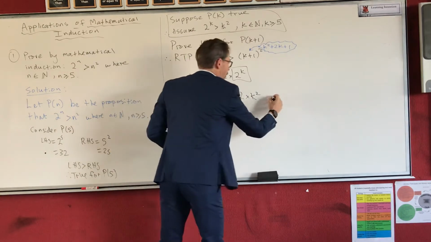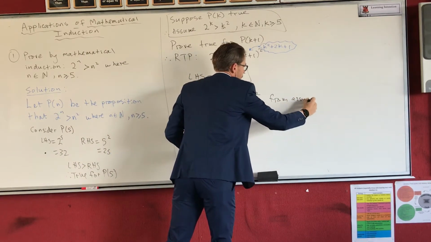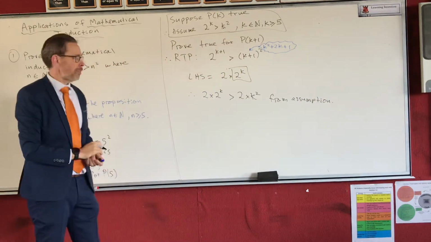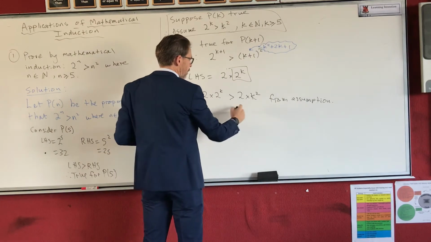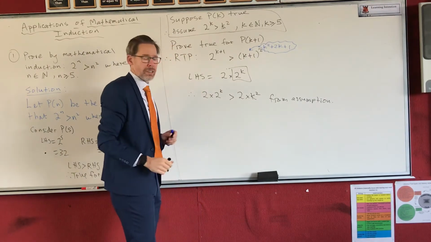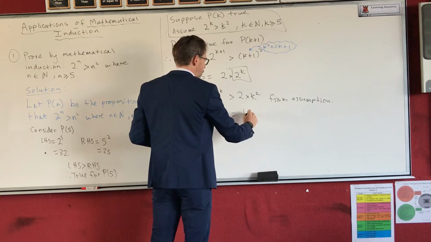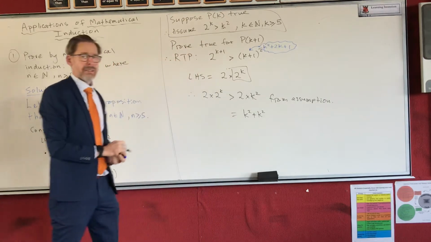Okay, it's from the assumption. Now let's think about this. 2k squared can be split up into k squared plus k squared.